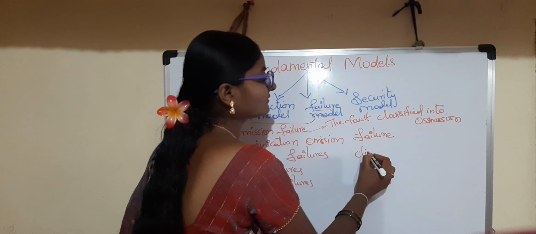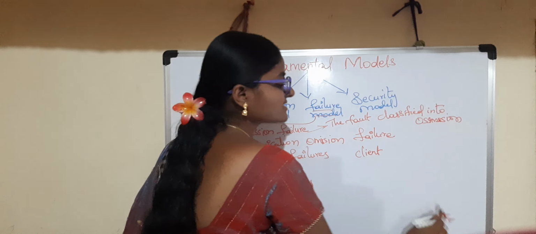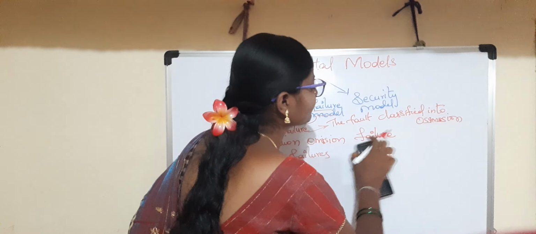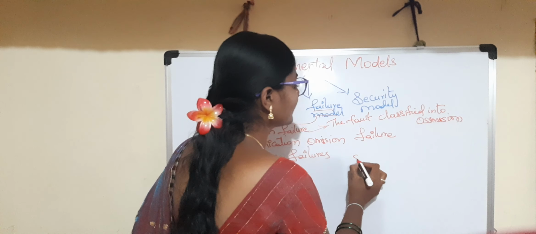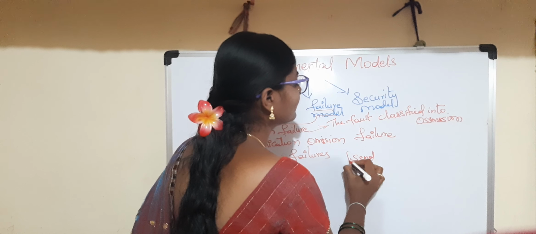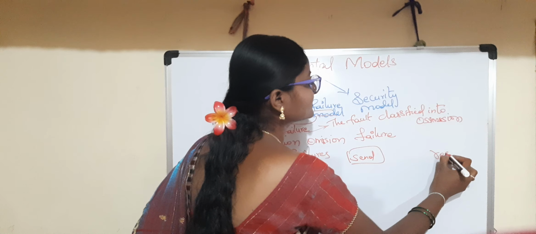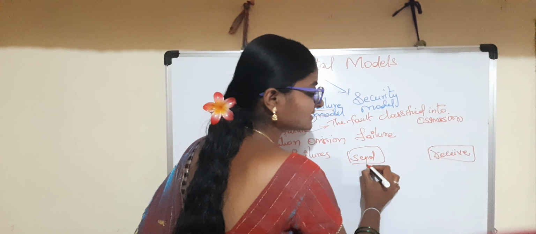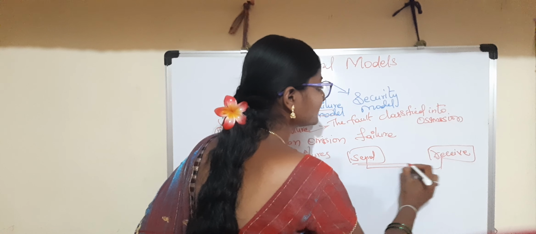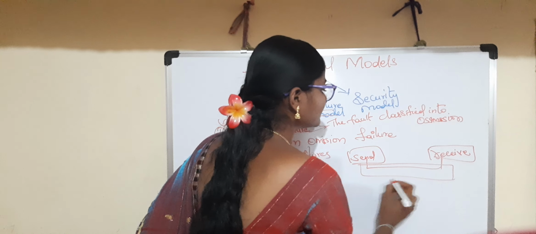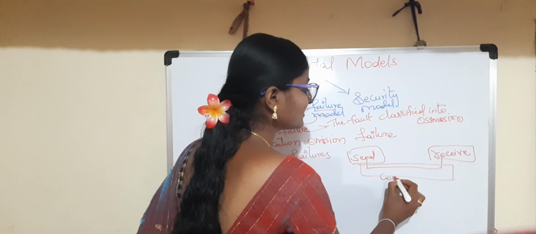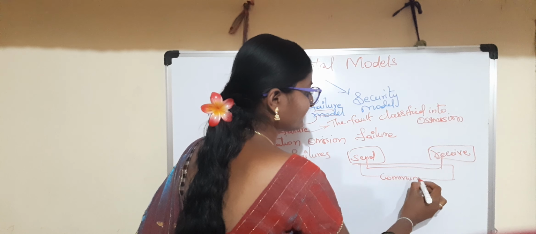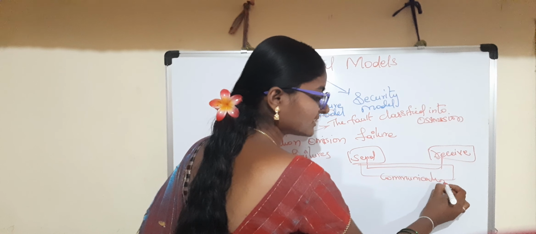Like client and receiver, sender and receiver are there. For example, note down this diagram. Sender is there, next receiver is there. Here we are sending and receiving a process. Some interrupts will occur. Communication channel.